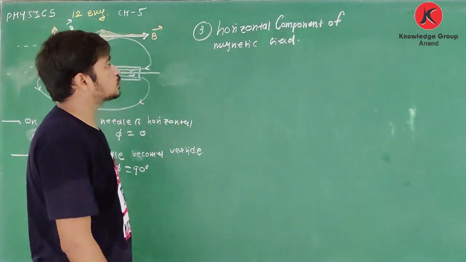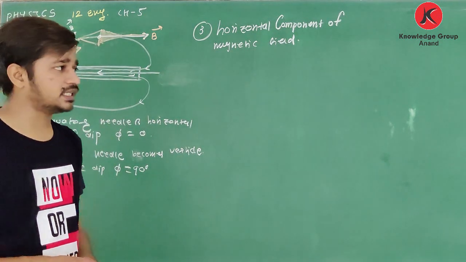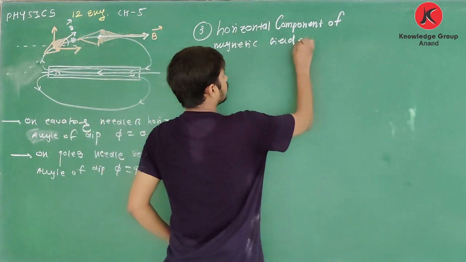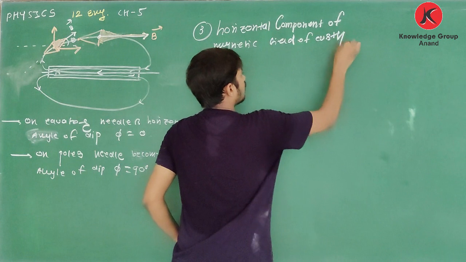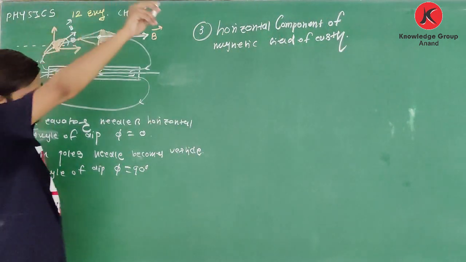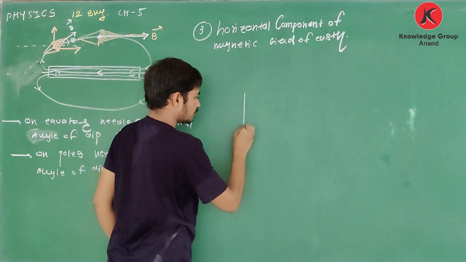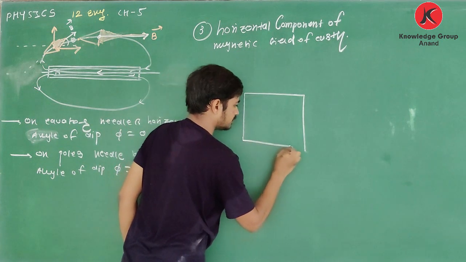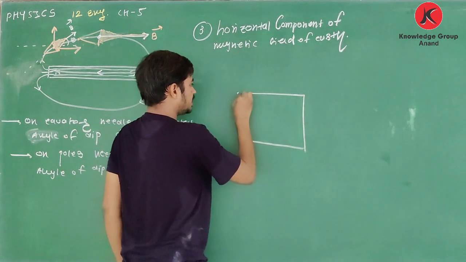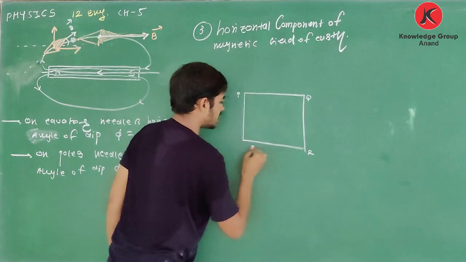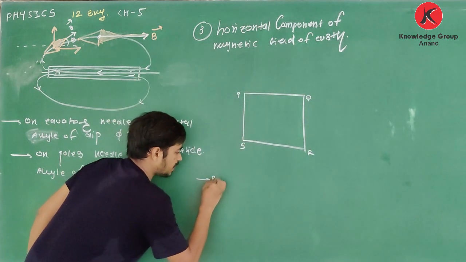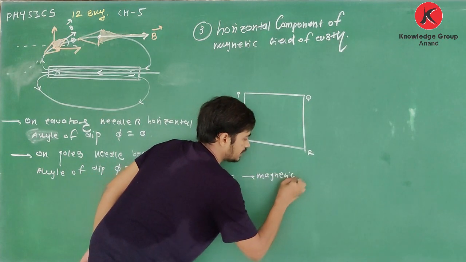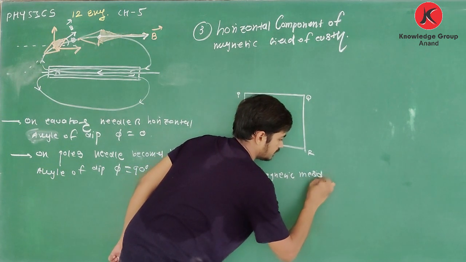Now we will see the situation for Earth's magnetism. So see, the horizontal component of the magnetic field of Earth. Clear about this? See, here it is. I am taking two planes. It is one imaginary plane, P, Q, R, S. Yes, this P, Q, R, S plane is the magnetic meridian.